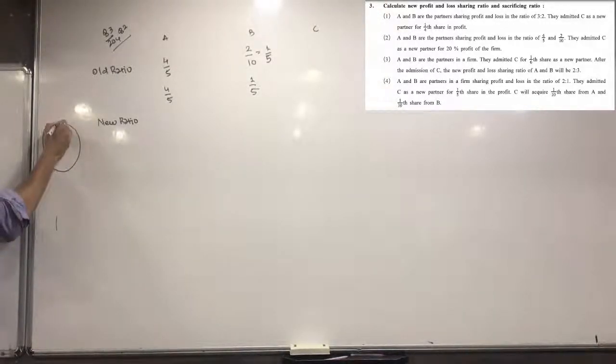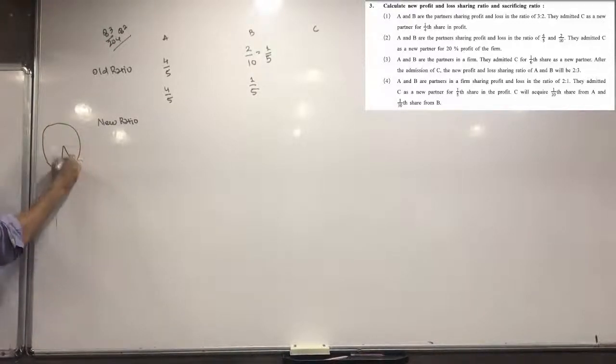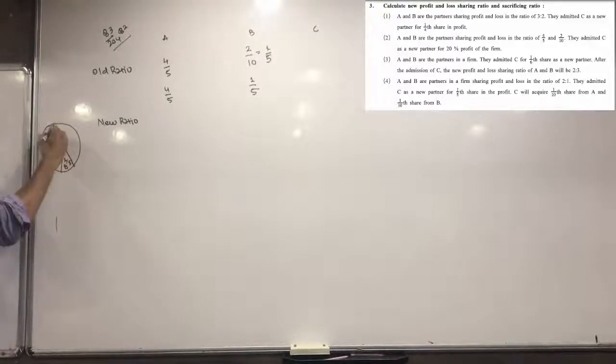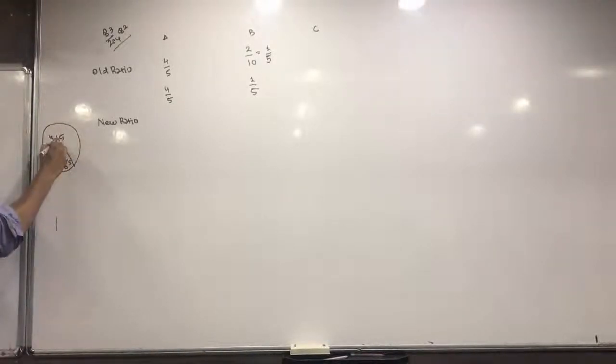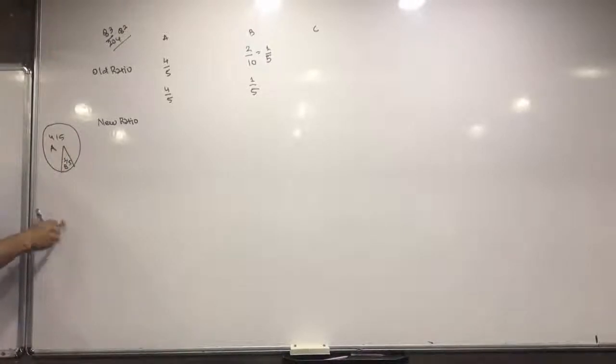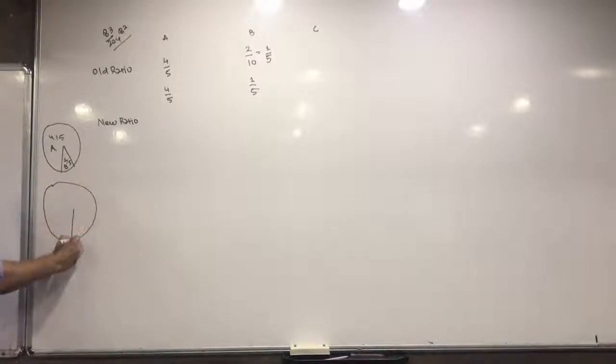So over here 1/5 portion belongs to B and 4/5 portion belongs to A. When a new partner is going to come, 20% belongs to the new partner C.